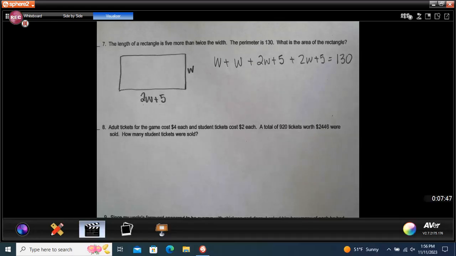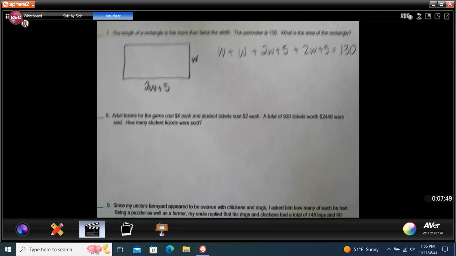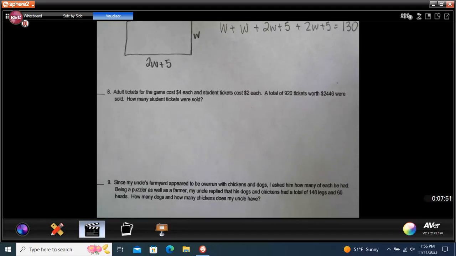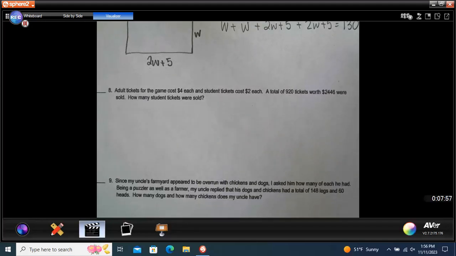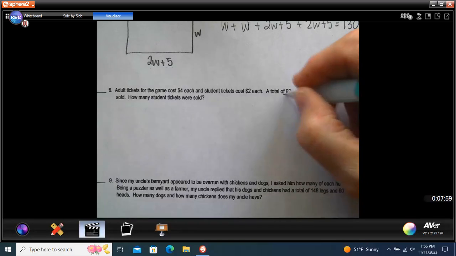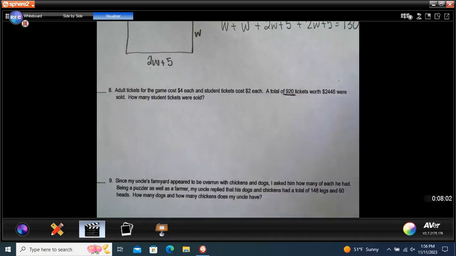Okay, we're back to adult tickets and student tickets. Adult tickets cost $4 and student tickets cost $2. And there were 920 tickets sold, and they were worth $2,446.